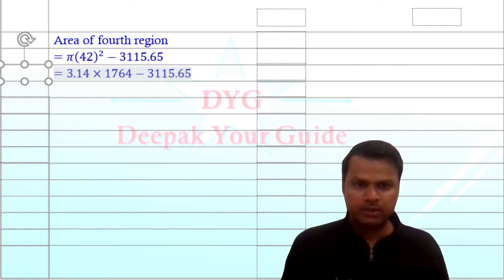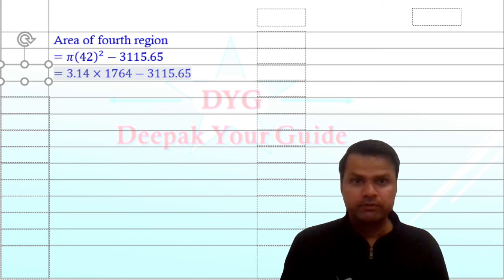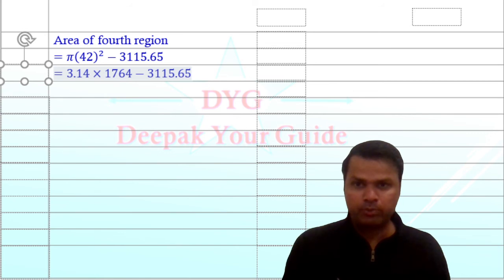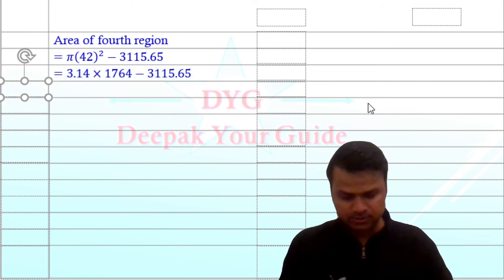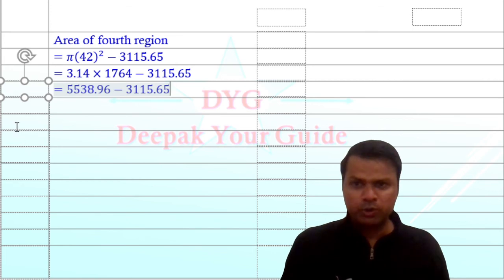Let's see what we get when we multiply 1764 times 3.14. We get 5538.96. So 5538.96 minus 3115.65. See, this is pure calculation part.